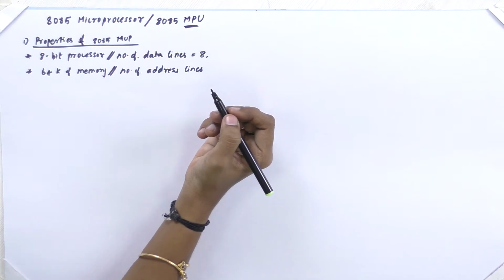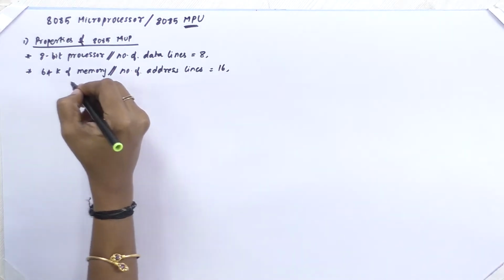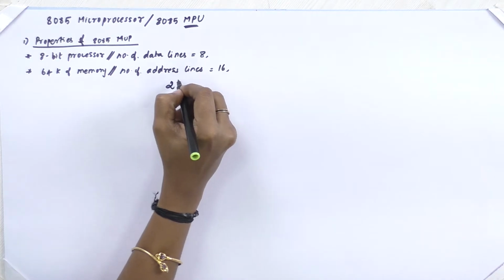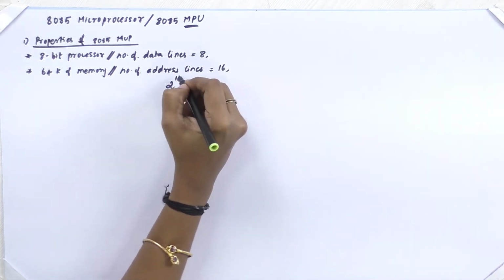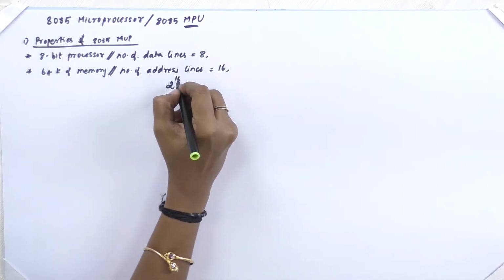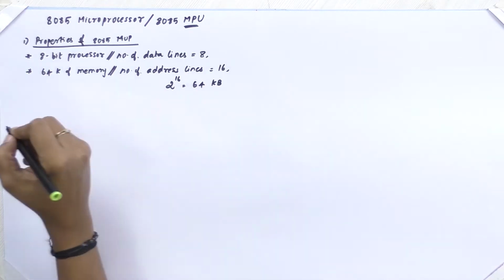Since the number of address lines in the 8085 is 16, the maximum memory capacity is calculated as 2 to the power of 16, which is equal to 64 kilobytes of memory.